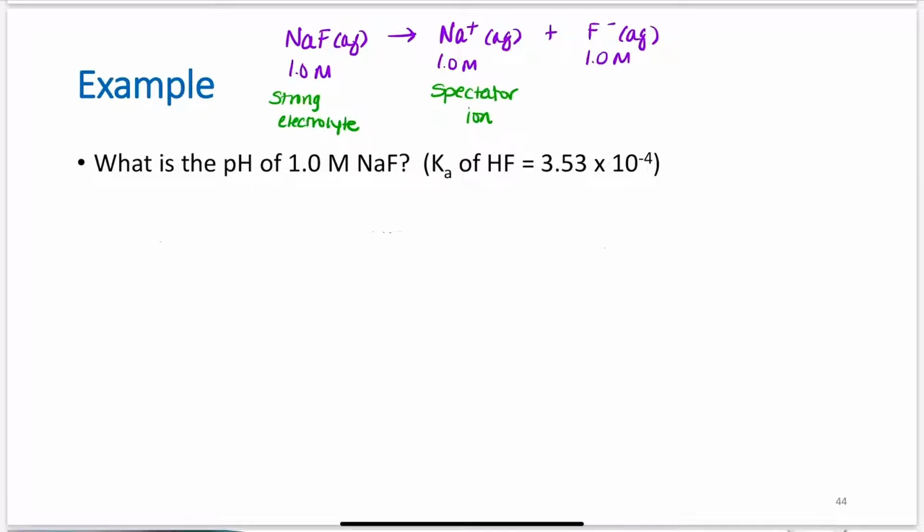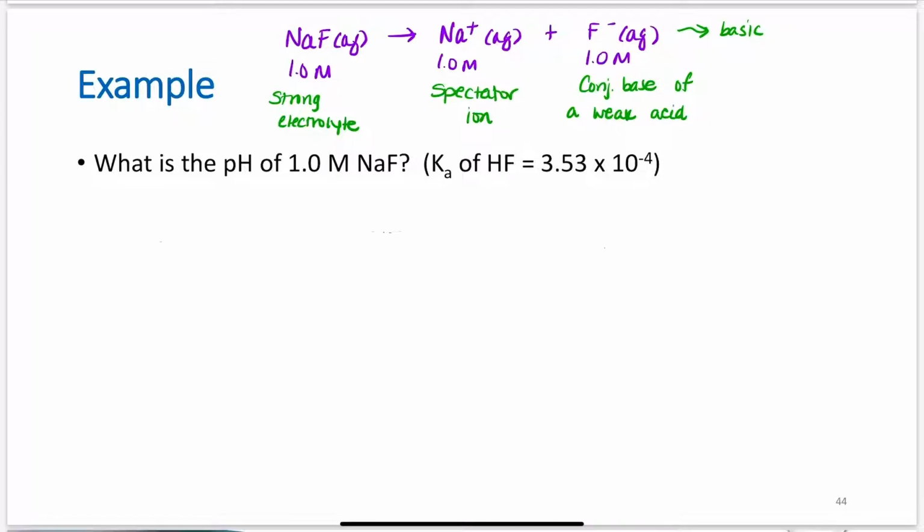But F minus, if I give that a proton, it becomes HF. I know hydrofluoric acid is a weak acid, which means this is a conjugate base of a weak acid. So right now, I expect this solution to be basic.